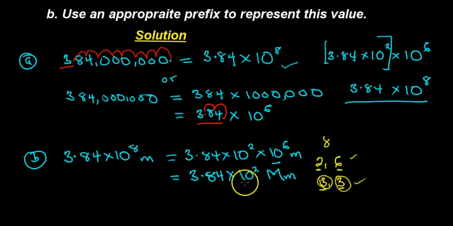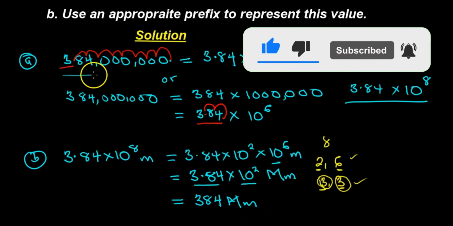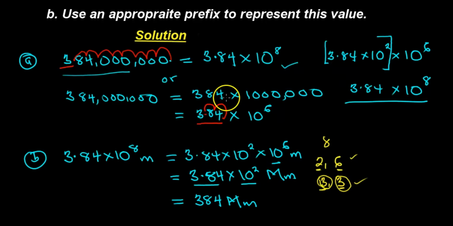So we just multiply our value with this small exponent and it will still keep the numbers we are having here. If you multiply 3.84 times 10 exponent 2, we are going to get 384 megameter. So you notice how a big value was summarized here and now abbreviated as simple as 384 megameter.